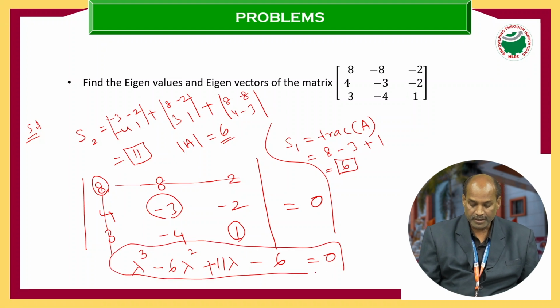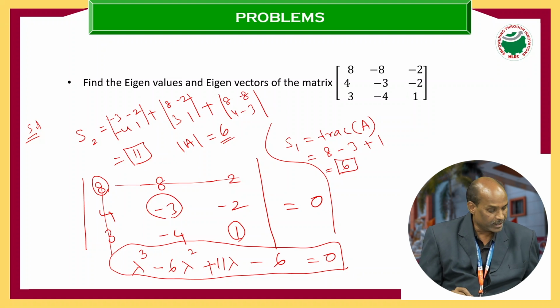Now this is the characteristic equation of the given matrix. It is a third degree equation in lambda. Now find the lambda values by using a calculator, or you may use any method, synthetic division or any other method.